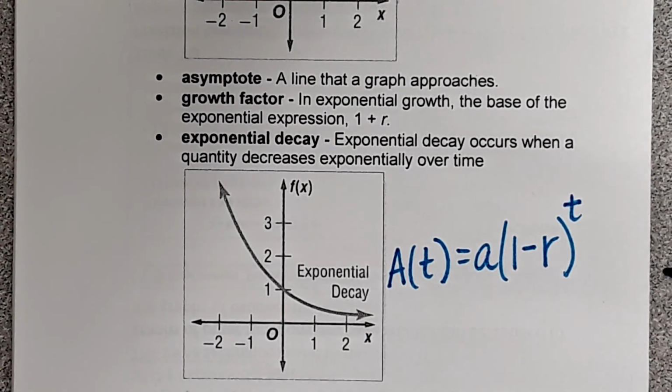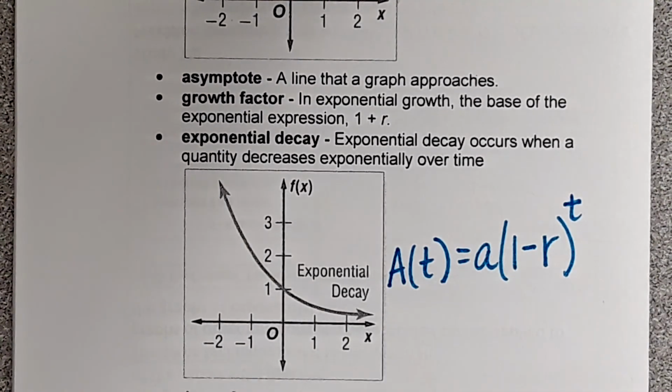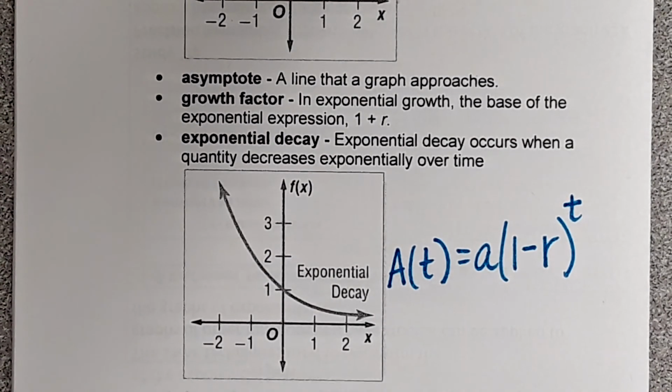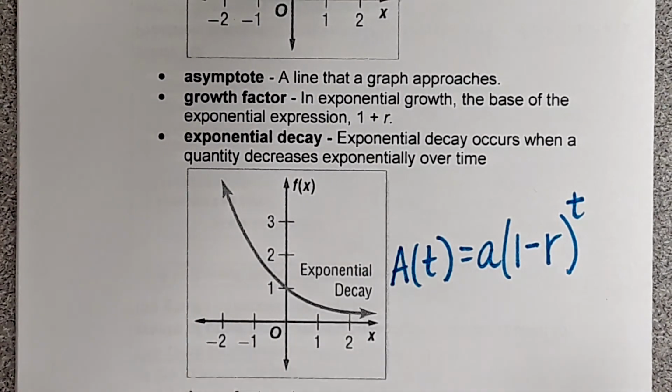You'll notice the only difference between decay and growth is that it's 1 minus r or 1 plus r. R is rate, t is time, and a is the initial amount. And A of t is what you have after that amount of time. So let me say that again. A of t is what you have after the amount of time.